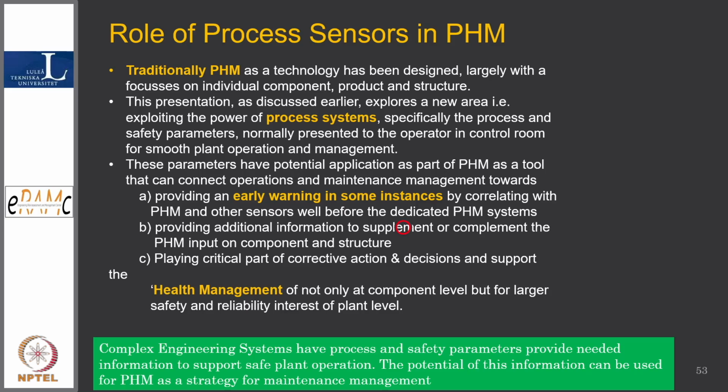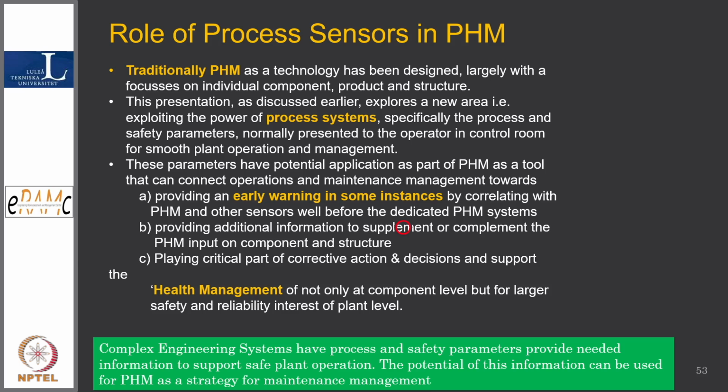The second advantage is, if I change policy suddenly to PHM for equipment-specific monitoring, I will need so much R&D and experience for implementing that. But if I can preempt by having R&D experience through the process system, I have built my first step.